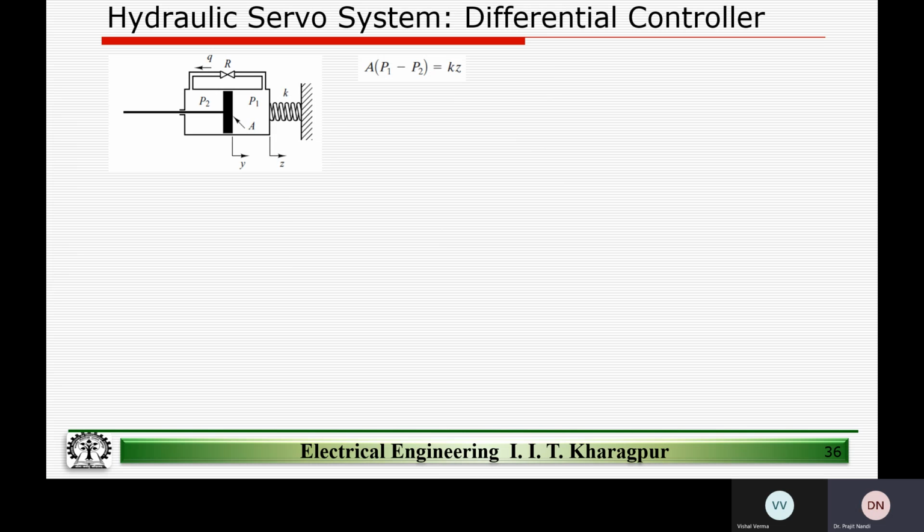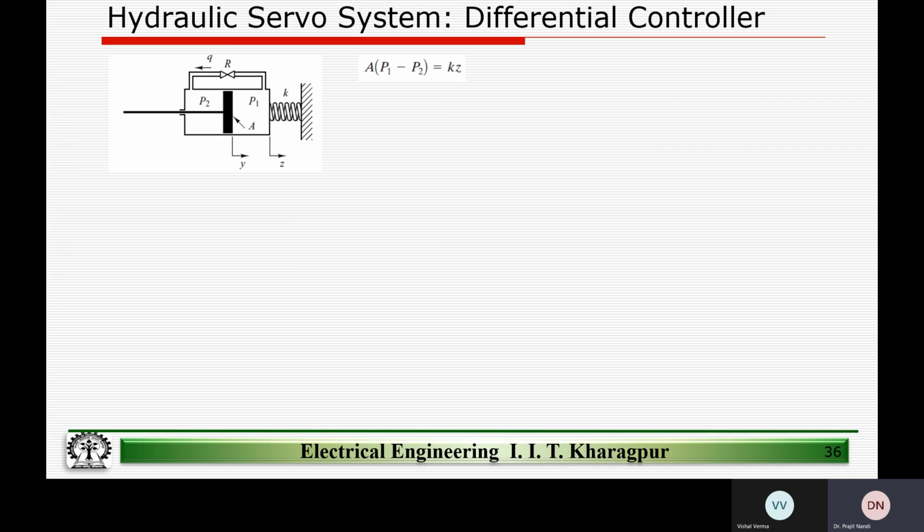Okay, so now a little bit more. Let's say we have a system wherein we have a piston to which we can apply pressure in this direction, a spring, and a restrictor R, which in electrical equivalent is a resistor.